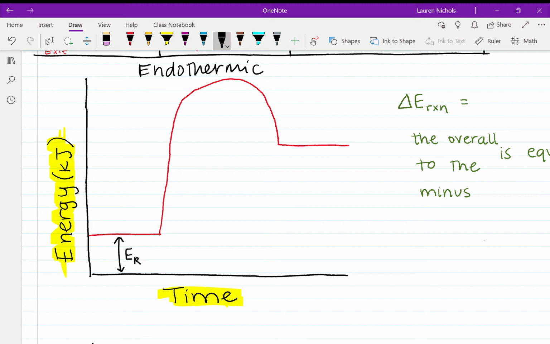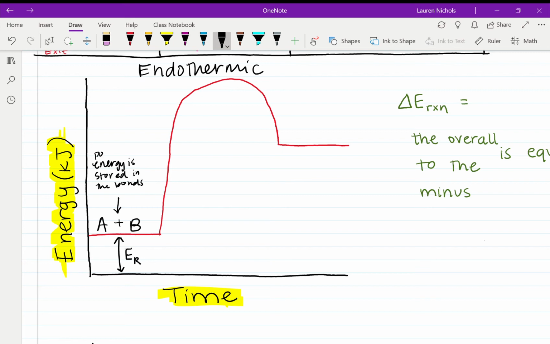And our reactants in this case, we're just going to make up a reaction, is A plus B. So these chemicals, A and B, have energy that is stored in the bonds. Okay, so let's go ahead and write that down. So energy is stored in the bonds of these reactions.